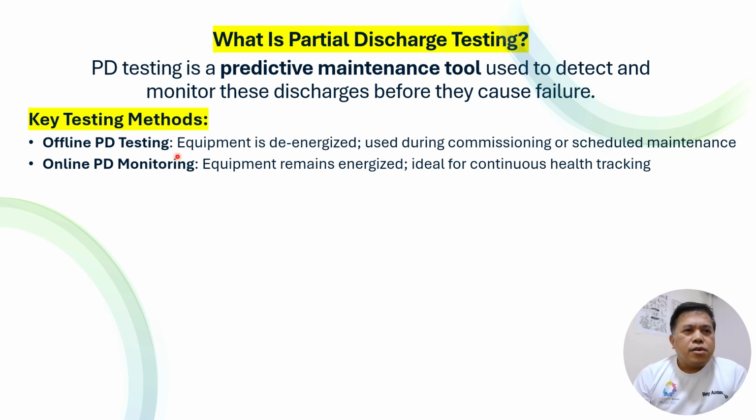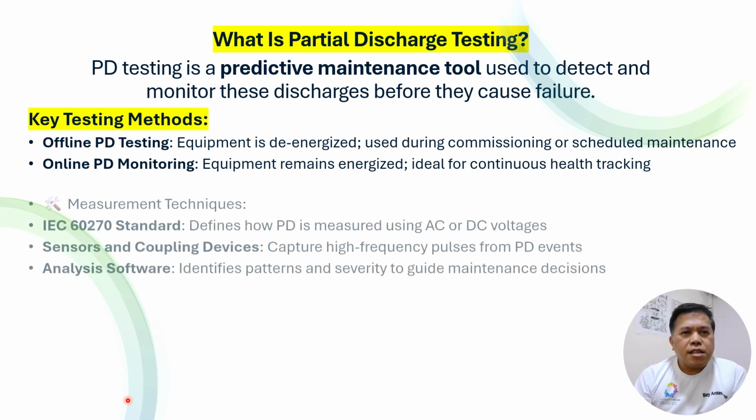So key testing methods: offline partial discharge testing, where equipment is de-energized, used during commissioning or scheduled maintenance. Online PD monitoring, where equipment remains energized, ideal for continuous health tracking. This is for the operation and maintenance team.